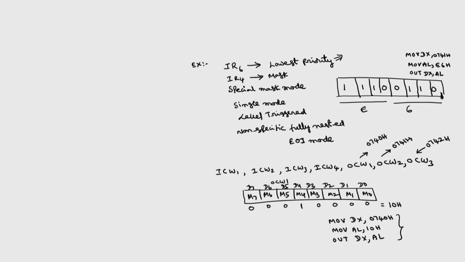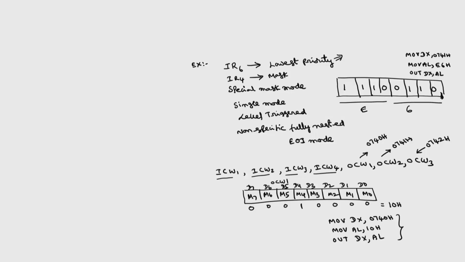So like that we can initialize these registers. Similarly, you can take the formats of ICW1, take the corresponding addresses, and based on the specifications we can generate the hexadecimal equivalents of ICW1, ICW2, ICW3, ICW4, and load those values into the corresponding registers using similar instructions.